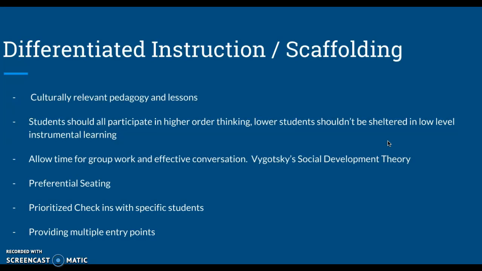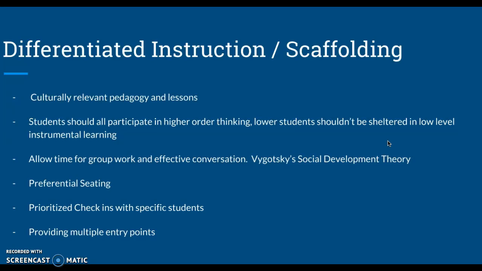Differentiated instruction and scaffolding. This is Retta Hammond, the first book we read of the course, Culturally Relevant Teaching and the Brain. So culturally relevant pedagogy and lessons make the content a lot more relatable, a lot easier to grasp for all students. Students should all participate in higher order thinking.